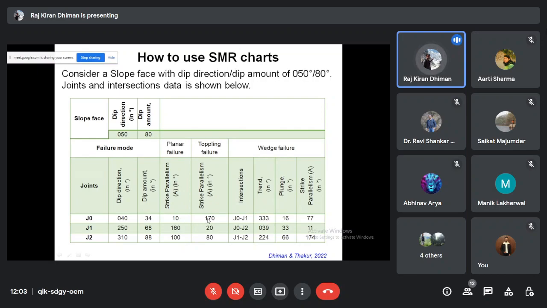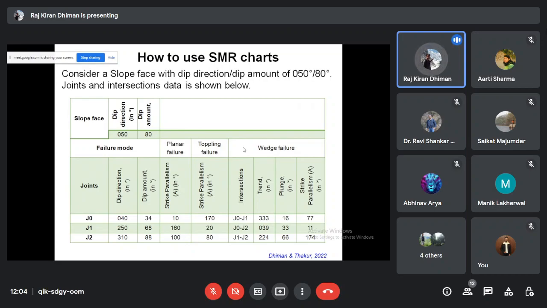Similarly, in toppling failure, you can do this. There is just a difference in the calculation of F1, F2, and this A value. How the A value is calculated for toppling is a little bit different, and for planar and wedge it is similar. For wedge failure, if you are good at doing stereonet, this is the only limitation of these charts, that you have to use the stereonet in the field. But as a geologist, it is very easy for us to use the stereonet in the field and just draw the planes.